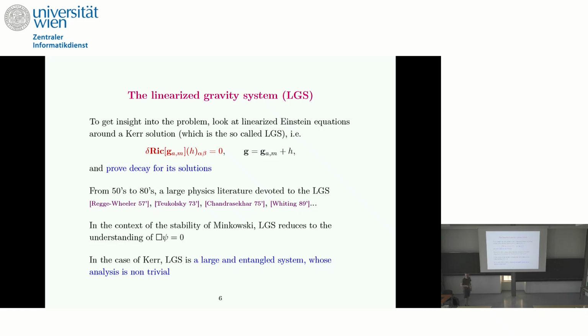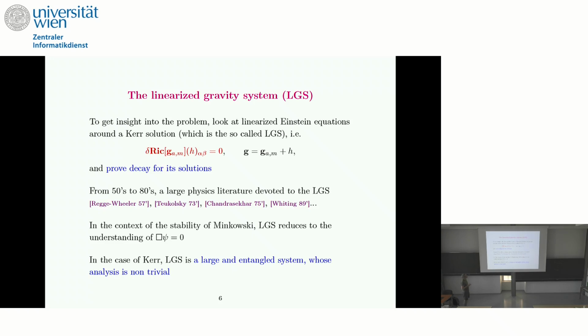Okay, so let me start, as is usual in the stability problem. I look at the stability of a given solution, so I want to look at the linearized operator around this solution. In this case, I often refer to it as the linearized gravity system, when you linearize the Einstein equations around a Kerr solution.